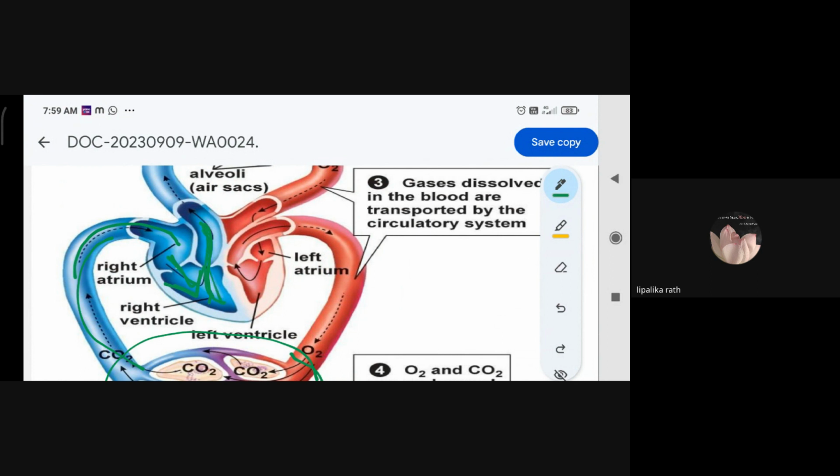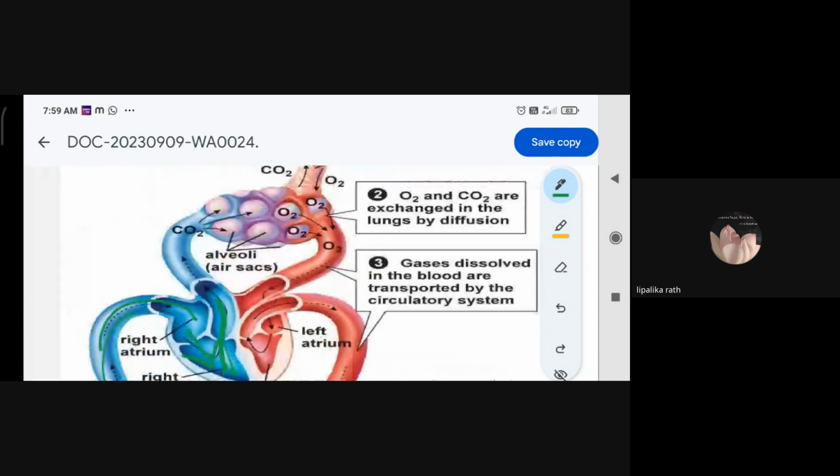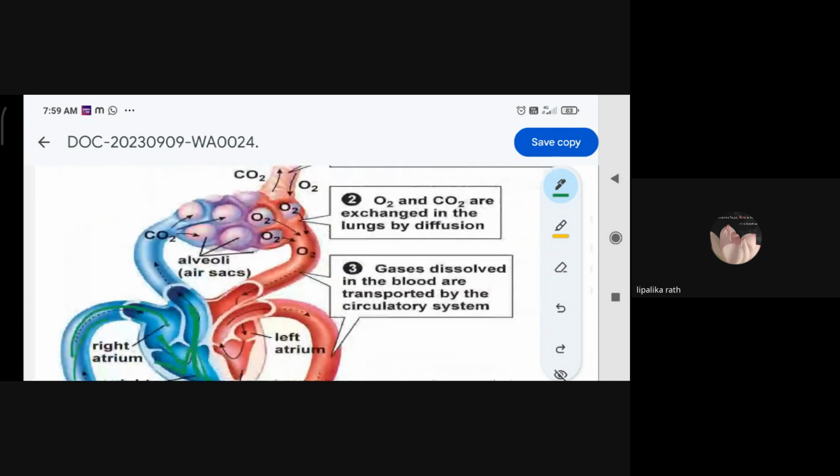What is the name of this artery? This is the pulmonary artery. So don't confuse. I hope you have got the concept of artery and vein as per oxygenated and deoxygenated blood. It's not like that. You may know the idea that arteries carry oxygenated blood and veins carry deoxygenated blood, but the concept is not like that.